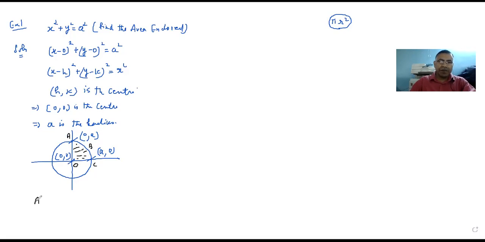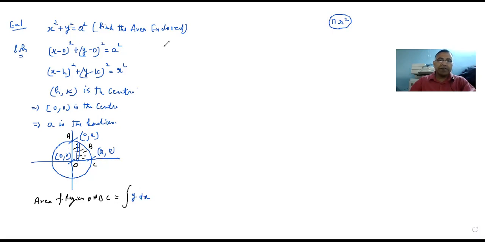So area of region OABC is equal to, under the y-axis, if I take a small rectangle like this, the area of this rectangle is equal to y dx.